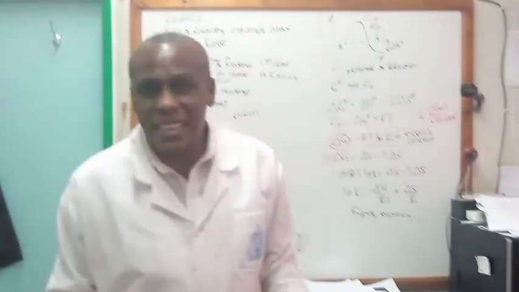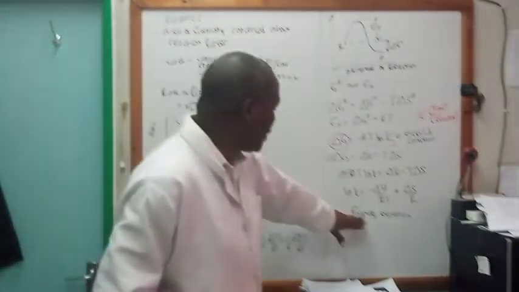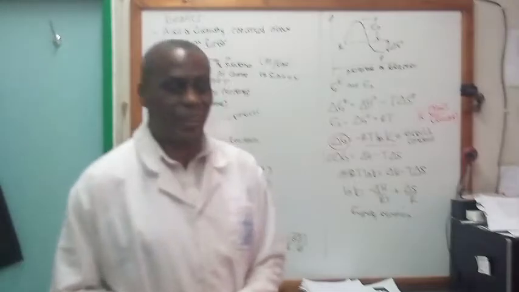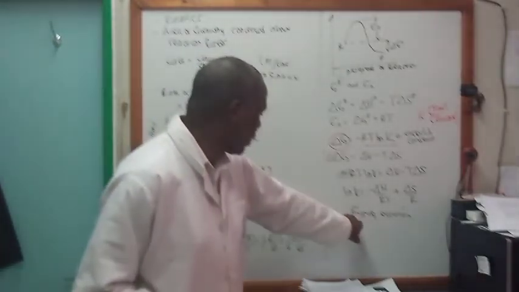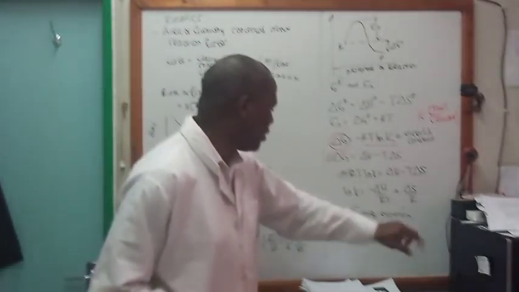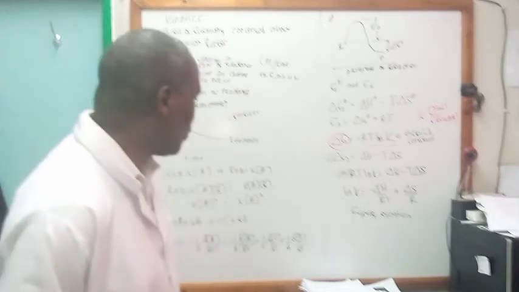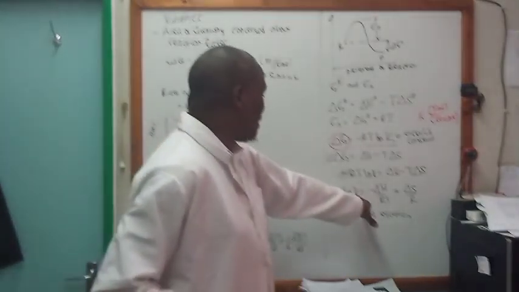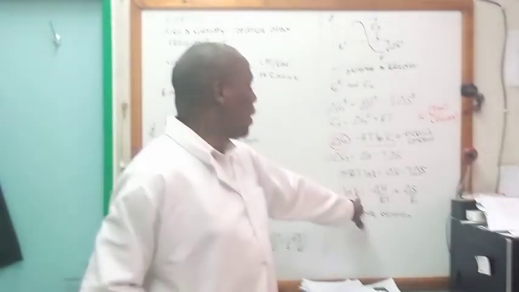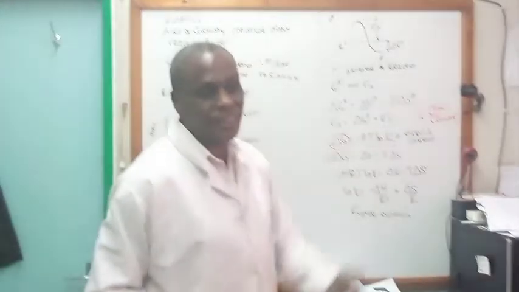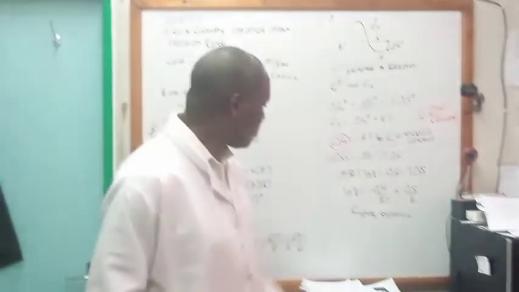So what does that tell you? Looking at this equation, which is called the Eyring equation, what can you say? These are variable equilibrium constants which you can determine experimentally.